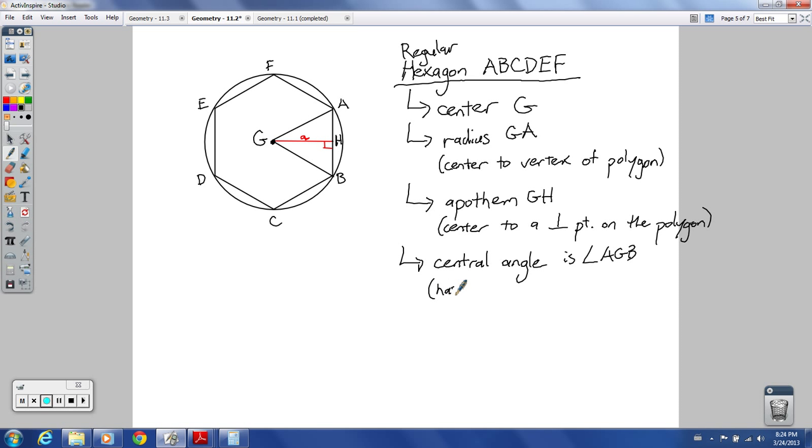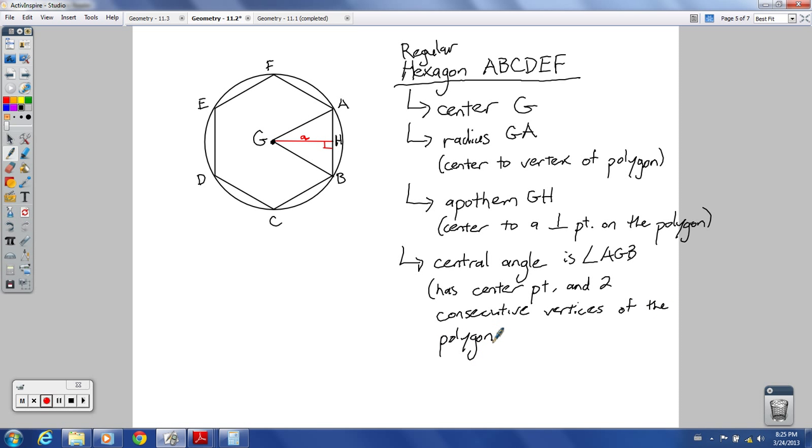And so a central angle has the center point and two consecutive vertices of the polygon. Let me try to spell consecutive right there. There we go. Consecutive vertices of the polygon.